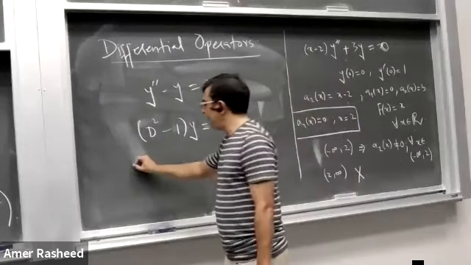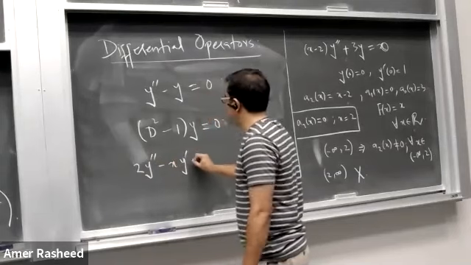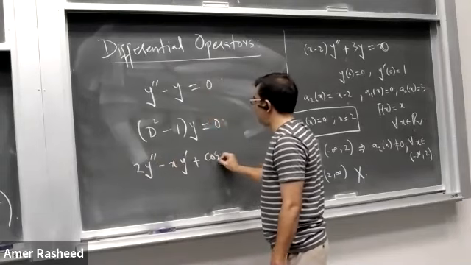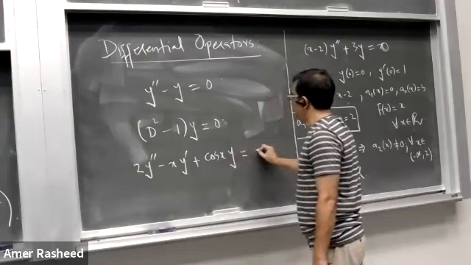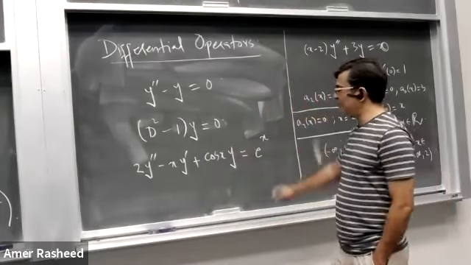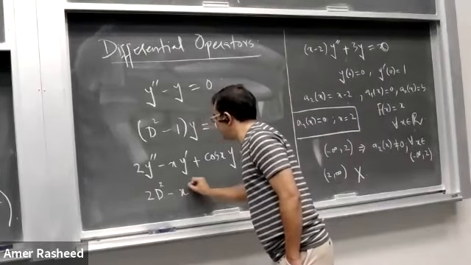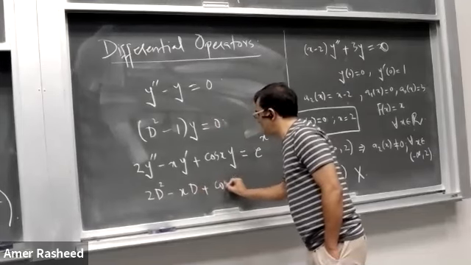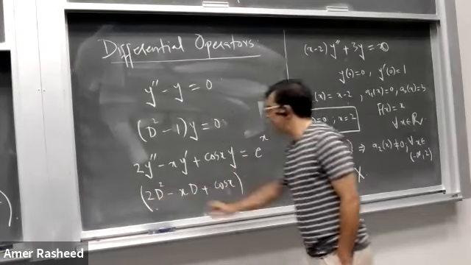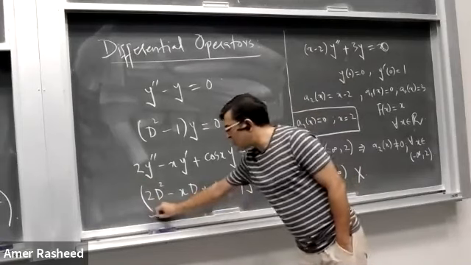Okay, and if we have 2y double dash minus x y dash plus maybe cosine of x y equal to e raised power x, then how can we write the operator in this equation? We can write 2d square minus xd plus cosine of x, this thing, times y equal to e raised power x. So this is your operator L.